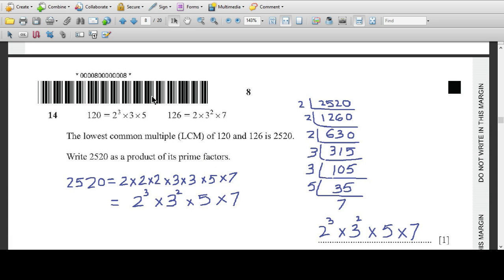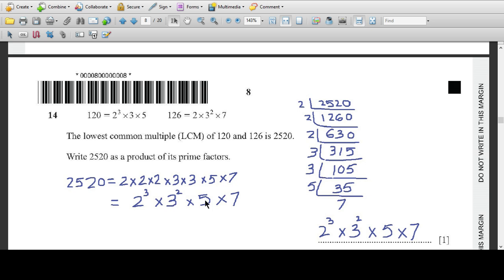So we can write it without doing this work. This is 2 power 3, the highest power, and this is 3 power 2, the highest power. This is the highest power of 5, because here we have 5 power 0, so we will take this 5 here. Here we have 7 power 0, here we have 7 power 1, so 7 power 1 is the highest power, so we will take this. So this is 2 power 3, 3 power 2, and 5 and 7.